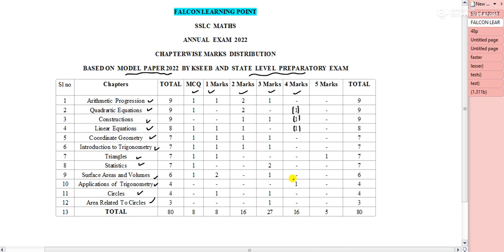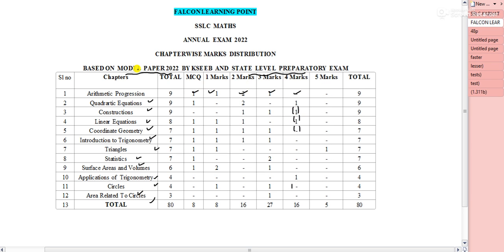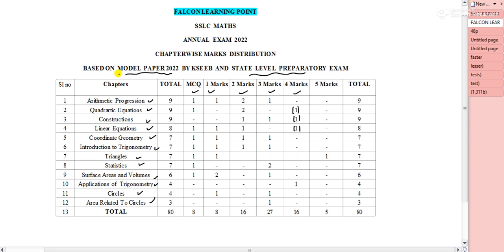So see, these are the 4 chapters: quadratic, constructions, linear equations and applications of trigonometry, where you are going to get 4 mark questions. And there will be only one question for 5 marks.